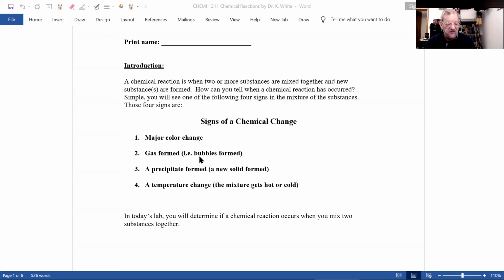And what is a precipitate? That's when you mix 2 things together and you see a new solid formation. How many of you have ever seen the paperweight snow globe with the little snowman inside, and you shake it up and you see all the little snow particles come by? If chemists were looking at that, they'd say, oh, look at the precipitate in there.